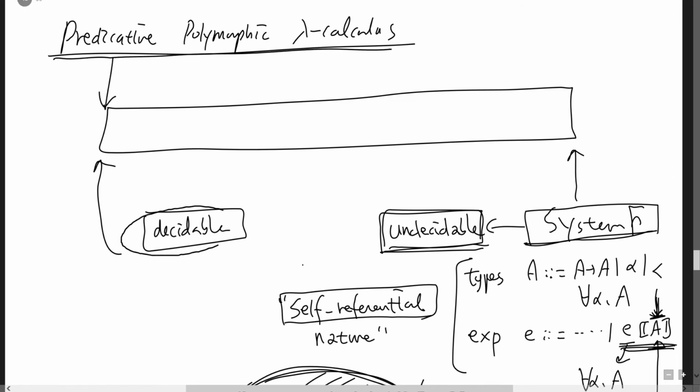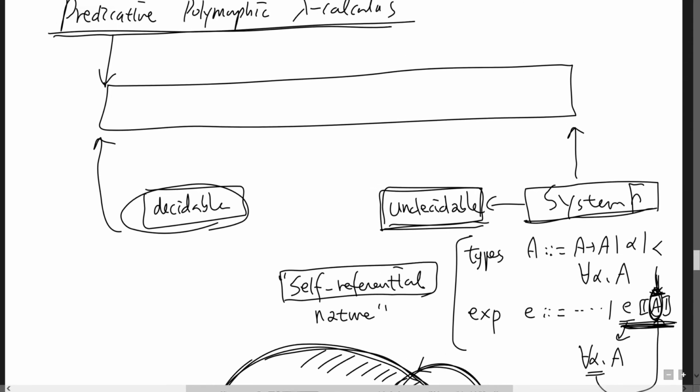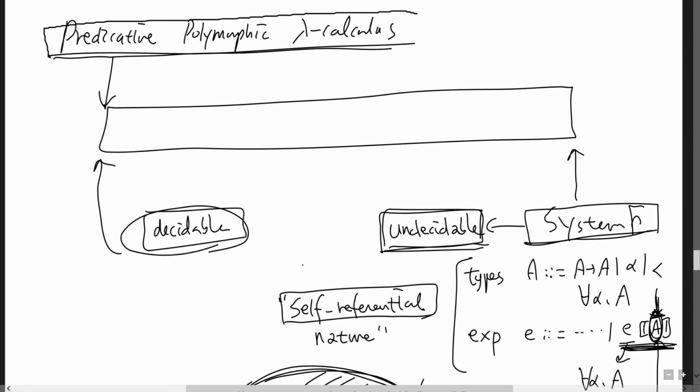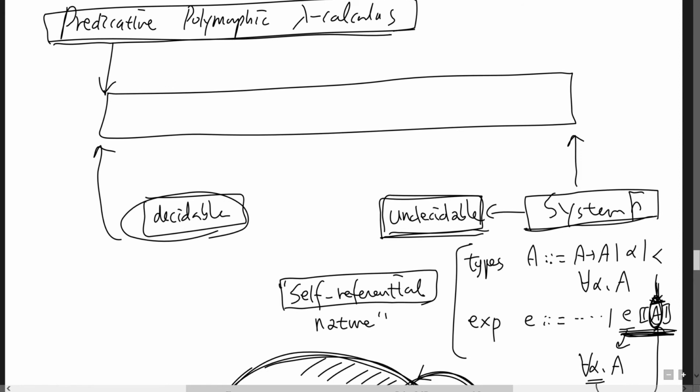It is decidable. We will see how we restrict the use of types here in type application. And in the definition of predicative polymorphic lambda calculus, we will not see something like a self-referential phenomenon.